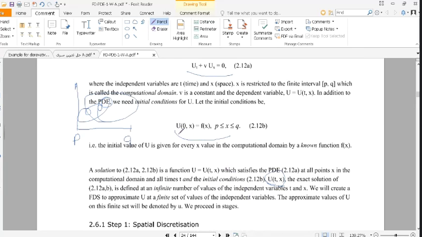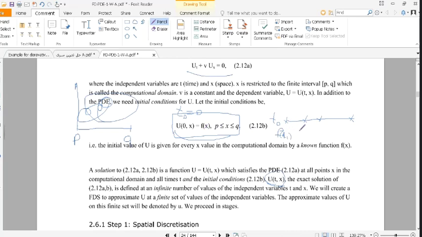This is the initial condition. Based on the initial condition, we have u at t0. At t0, which equals 0, we have the exact solution of u. For example, at x1, x2, x3, and all of them, we have the exact solution, because for x1 the value of u is f of x1.